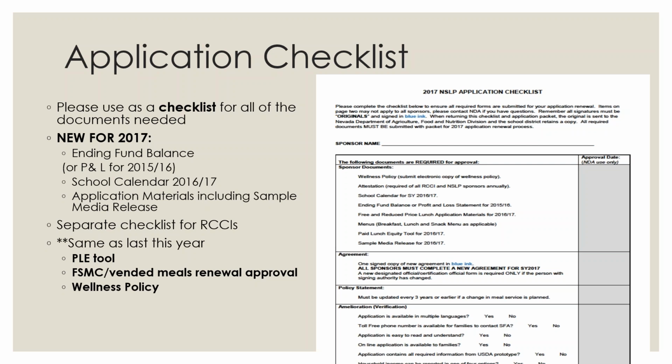So by us checking it ahead of time with your application packet, we want to ensure a seamless document review with the administrative process coming up for the administrative reviews. There is a separate checklist for RCCIs, which does not contain a lot of these materials because they're not required of our RCCIs in the state of Nevada.